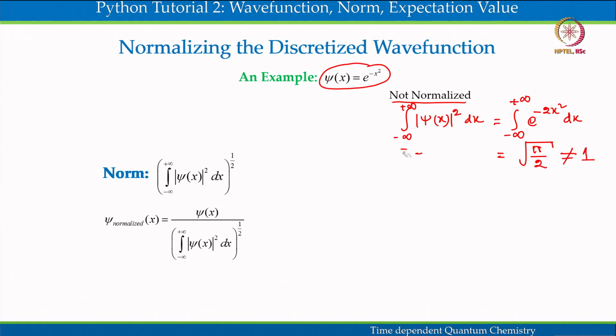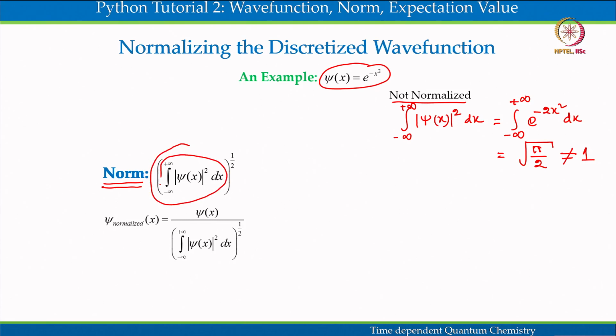So I have to make it normalized, and for the normalization, we have to find out the norm. Norm is defined by the square root of this entire integration.